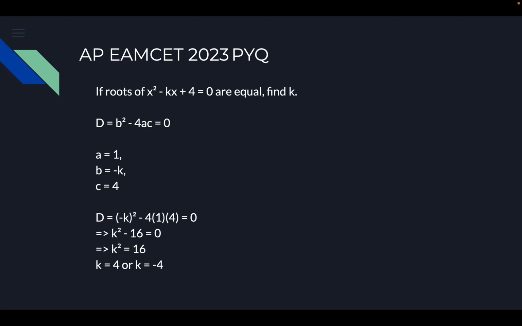So k square minus 16 equal to 0 and k square equal to 16. So k is equal to 4 or minus 4. So there are two values for k, which can be either 4 or minus 4. So that's how we solve this.